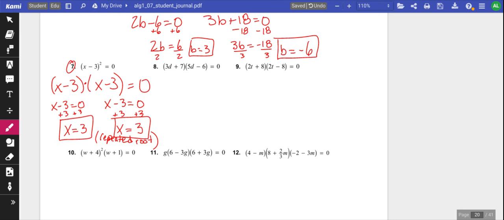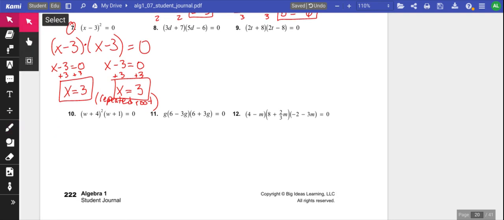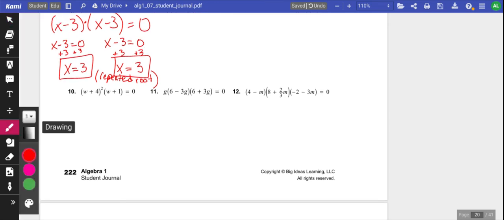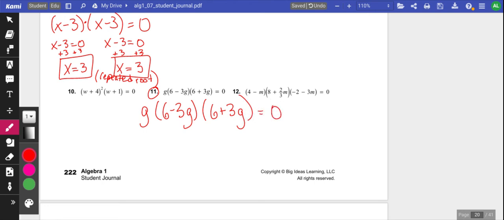Alrighty, so let's do one more. I don't want to deal with that fraction one, so I'm going to look at number 11. I've got lots of different factors here. We're going to have 3 different answers in number 11. I've got g times 6 minus 3g times 6 plus 3g, all equal to 0.